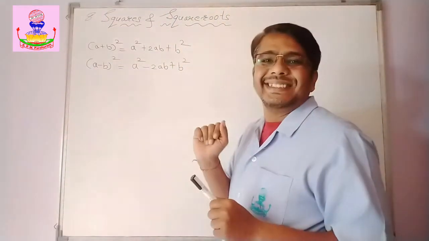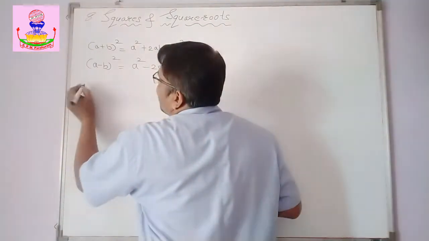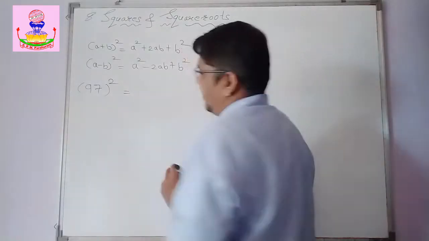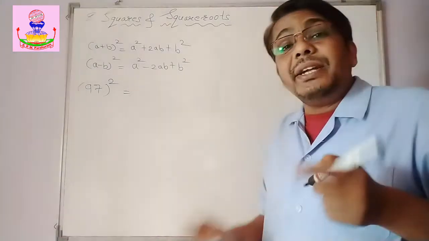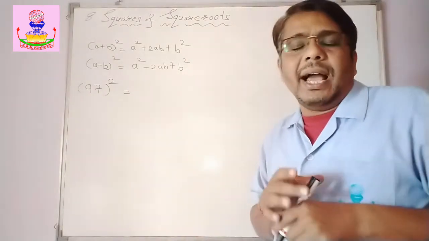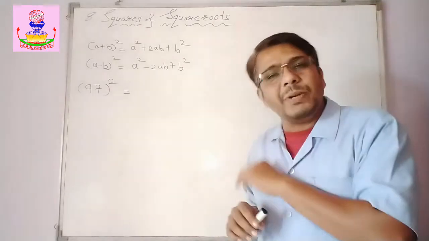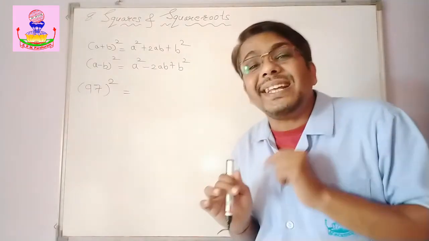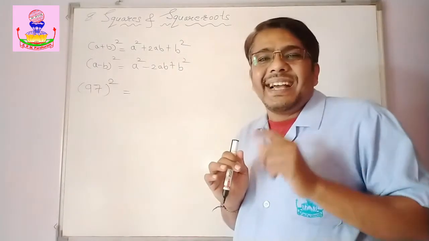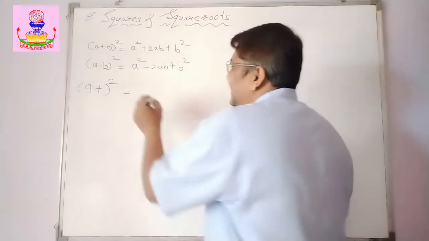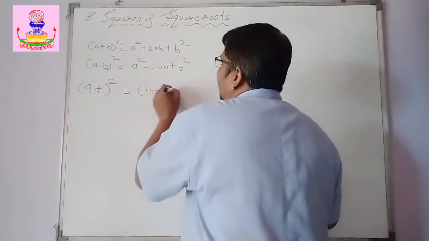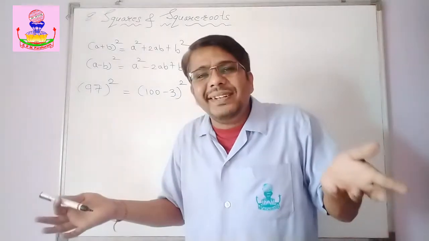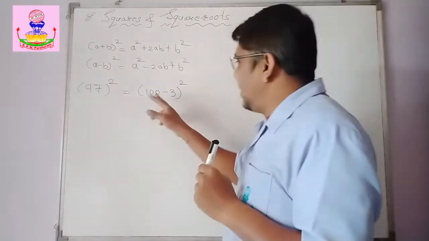So now I will use this second identity, (a minus b) whole square. I am finding the square of 97. Now 97, how can I do it? I have got two options, either 90 plus 7, in which case I would use the (a plus b) whole square identity, or another option, 100 minus 3. (100 minus 3) whole square. 100 minus 3 is what? 97, right?